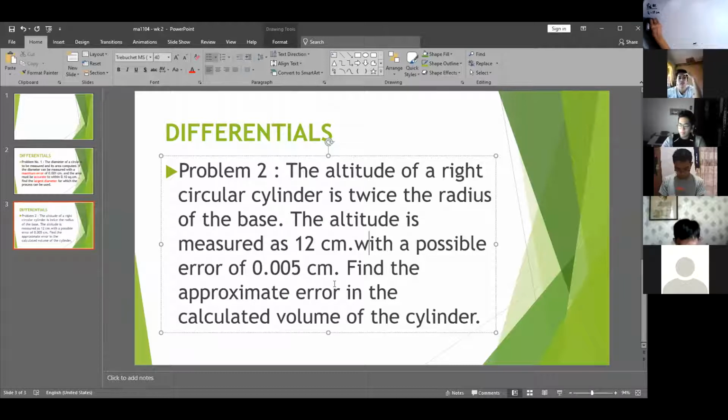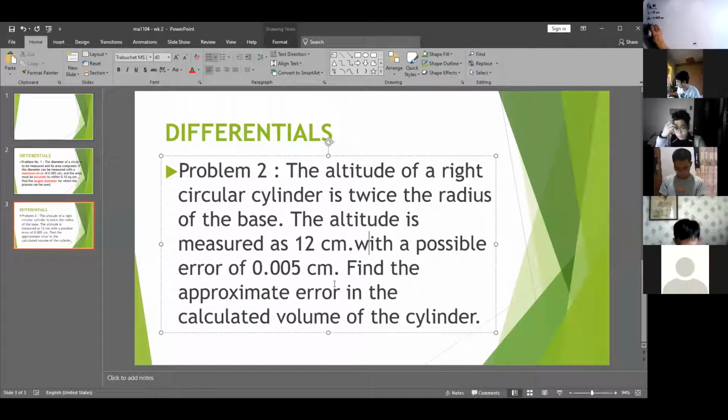So that means we are going to use dh equals 0.005 centimeter.